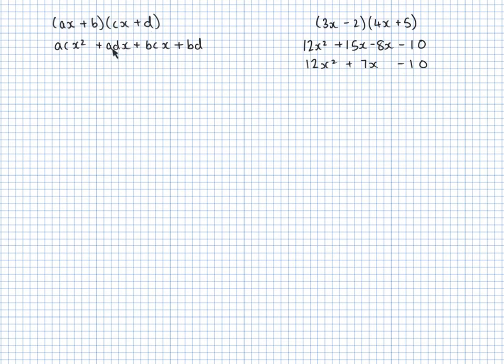So ad, the multiplication of two integers, will be another integer, and bc is also an integer. So I can say I've got ad lots of x plus bc lots of x. Well, that's just like ad plus bc lots of x. So what I mean by that is I'll have ac x squared plus ad plus bc x plus bd.